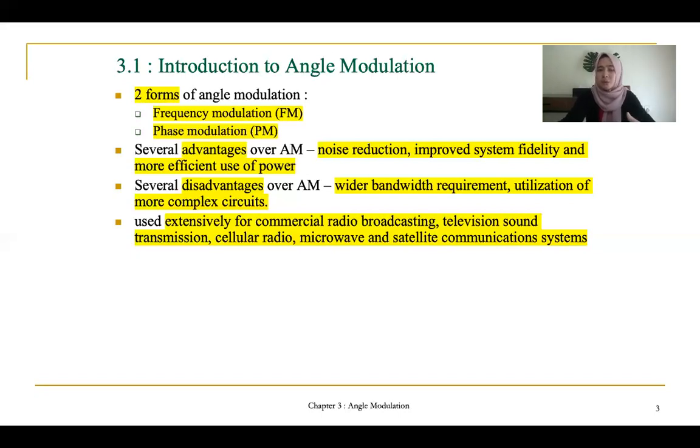The more complex the circuit, the higher the cost will be. This angle modulation is used extensively for commercial radio broadcasting, television sound transmission, radio, microwave, and satellite communication. So basically, angle modulation is widely used compared to amplitude modulation.